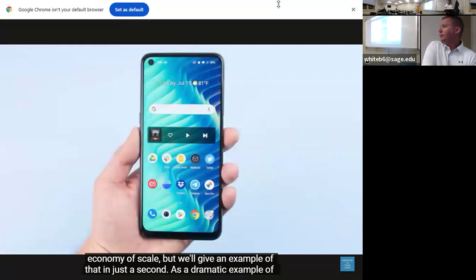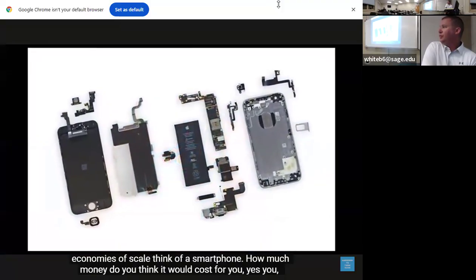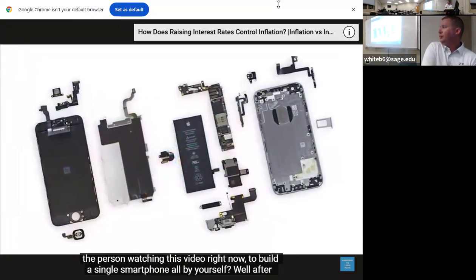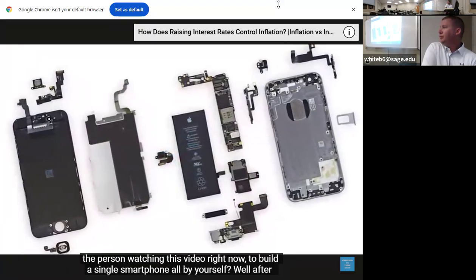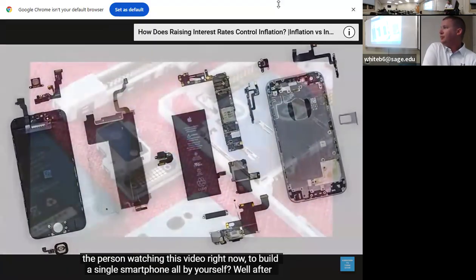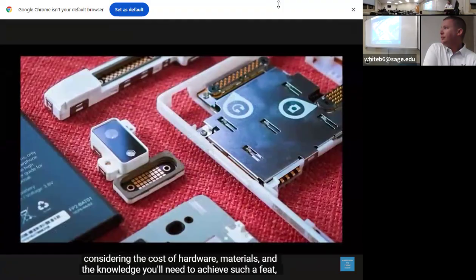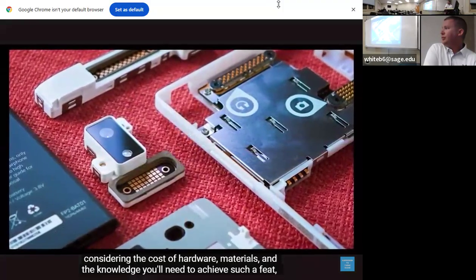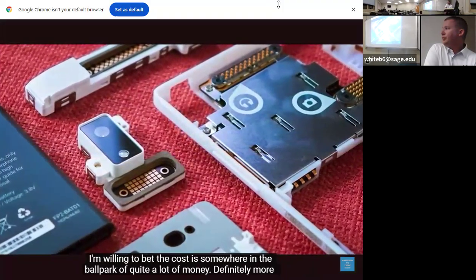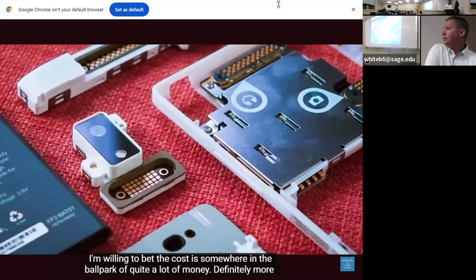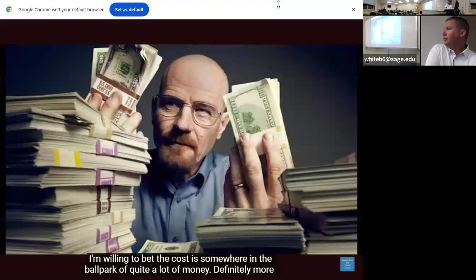As a dramatic example of economies of scale, think of a smartphone. How much money do you think it would cost for you, yes, you, the person watching this video right now, to build a single smartphone all by yourself? Well, after considering the cost of hardware, materials, and the knowledge you'll need to achieve such a feat, I'm willing to bet the cost is somewhere in the ballpark of quite a lot of money.